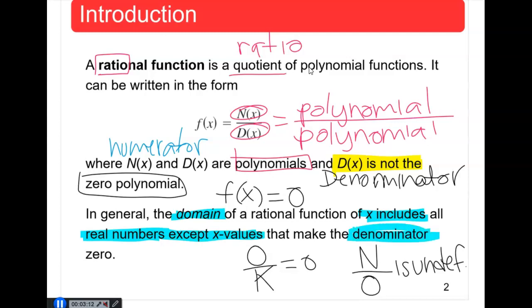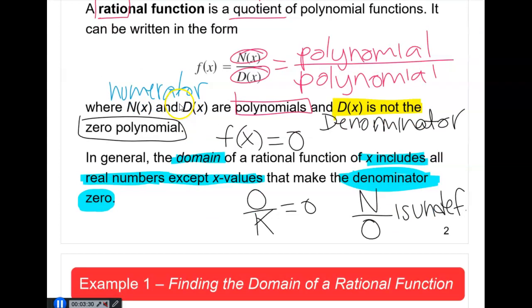So that's how we're going to be finding that. And we did a little bit of this in chapter 1 when we introduced functions and the concepts of domain and range. But we're going to practice more with rational functions, we'll do more examples.